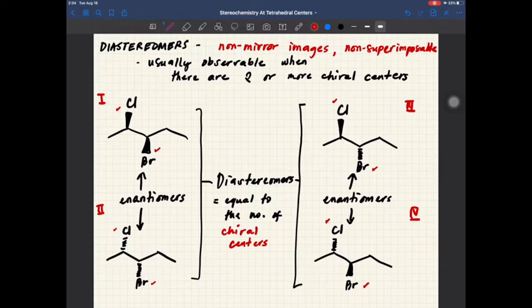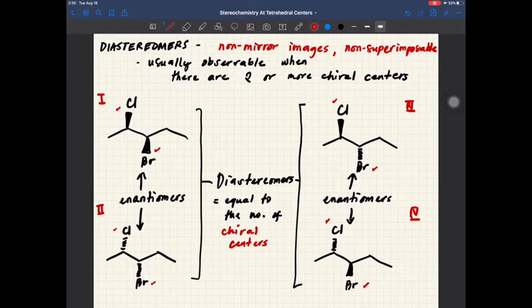Your left and right hands are not essentially the same as the left and right hands of your friend. They are not mirror images and they are also not superimposable with the left and right hand of your friend. So basically, they all have the same structure and branching of substituents, but the orientations are very different. Now, how could we know how many diastereomers there are in a particular compound?